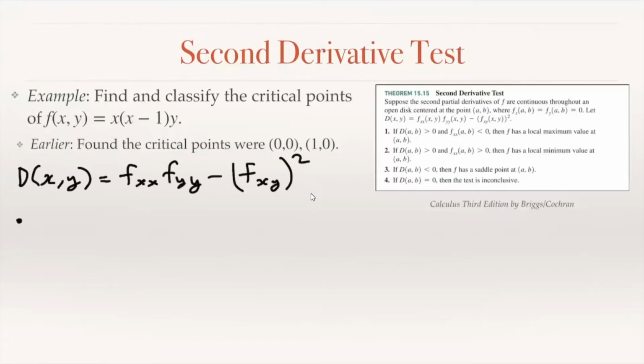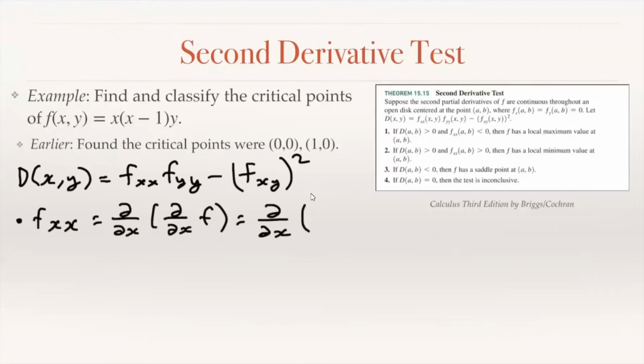Okay, so f sub xx is del x of 2x minus 1 times y.